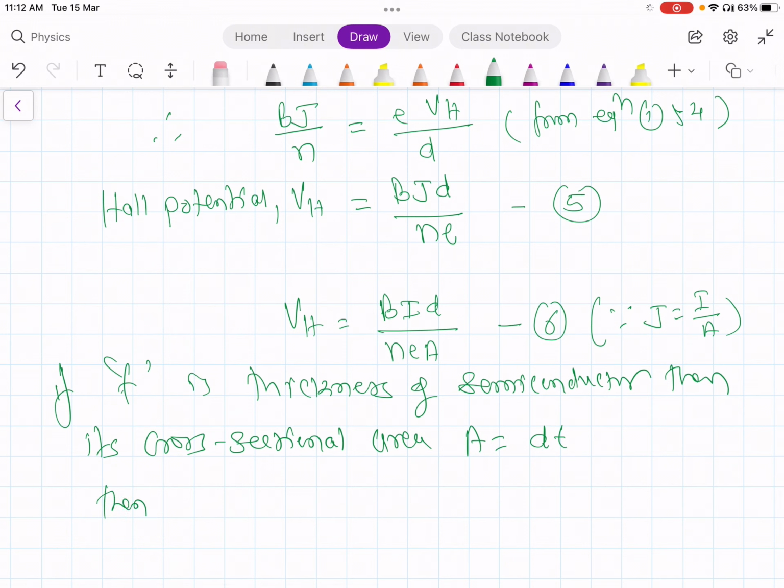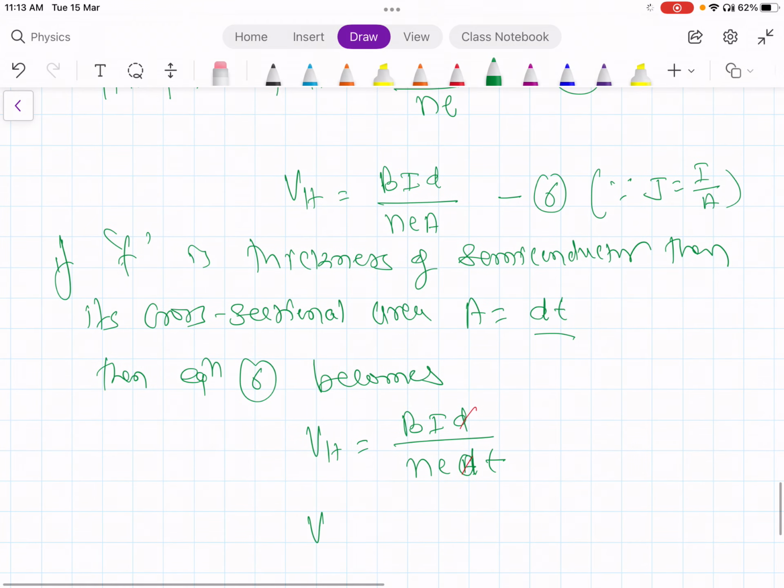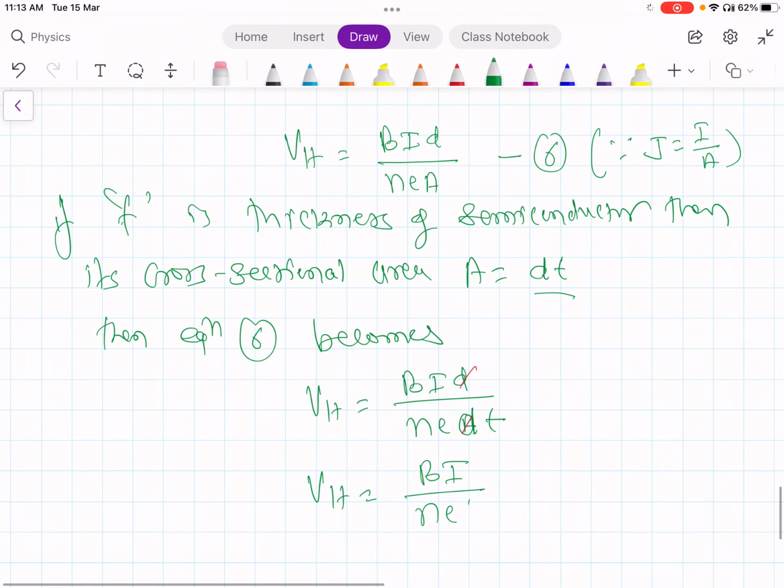Then equation 6 becomes VH equals B I d upon N e A. Instead of A, it is d t. So N e d t. So this d cancels and you get VH equals B I upon N e t. This is equation 7.